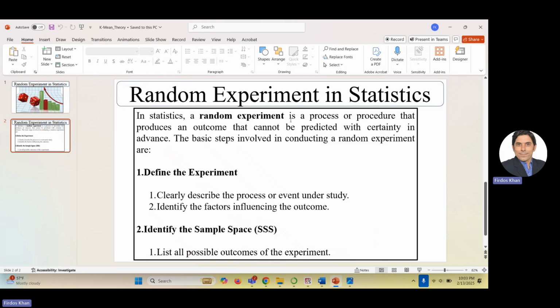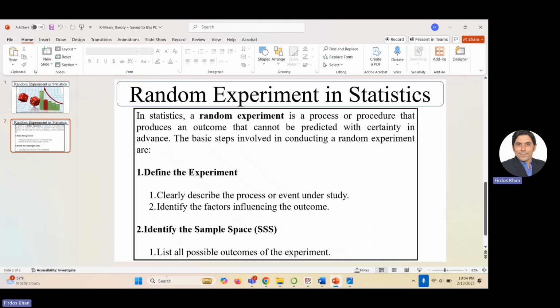A statistical random experiment is a process that produces an outcome that cannot be predicted with certainty in advance. So this means that this can produce an outcome which cannot be predicted with certainty, just like when you're tossing a coin.